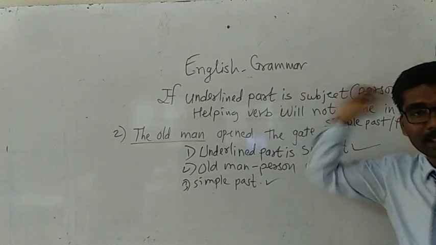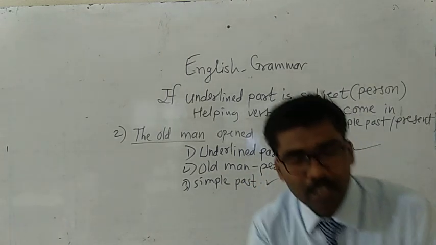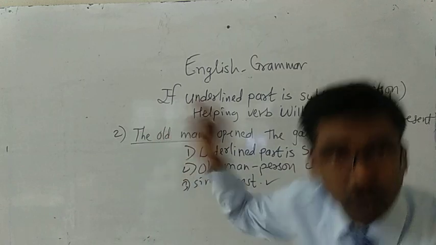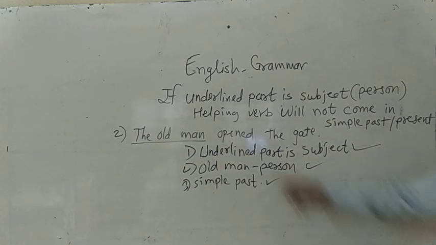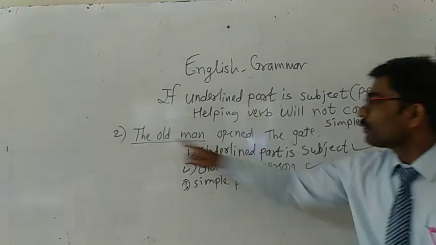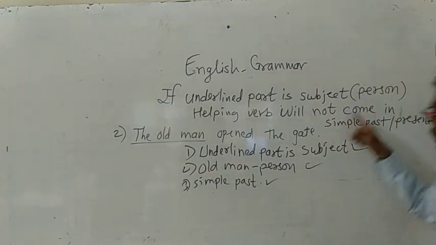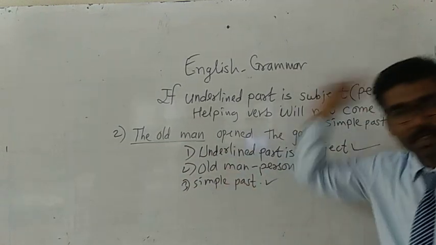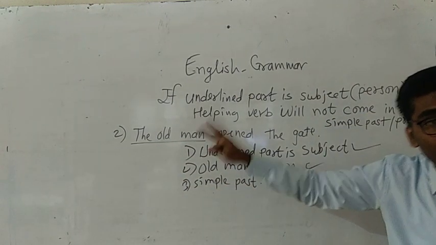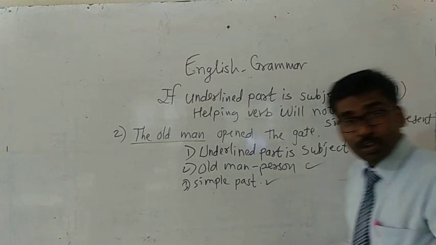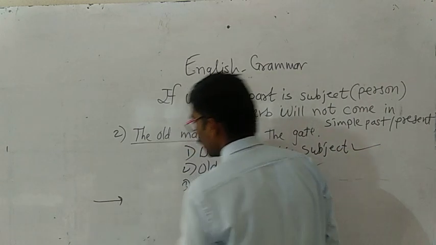So actually this sentence follows three parts of the rule: if the underlined part is a subject, a person, in simple past or simple present, the helping verb will not come. So you should write like this.